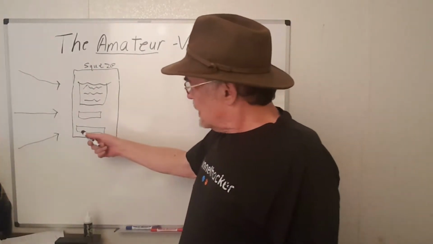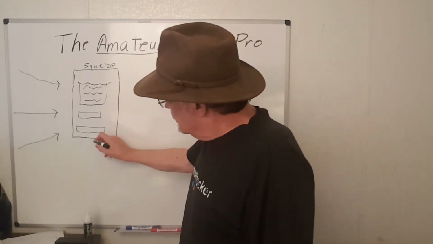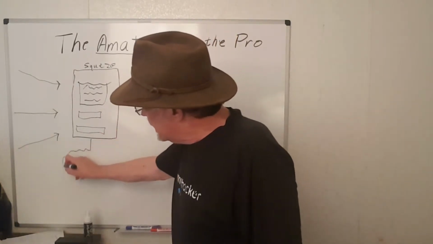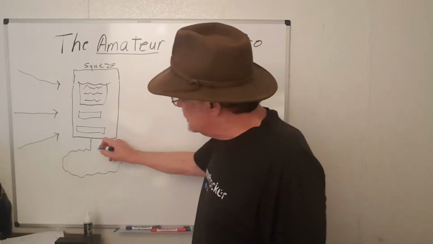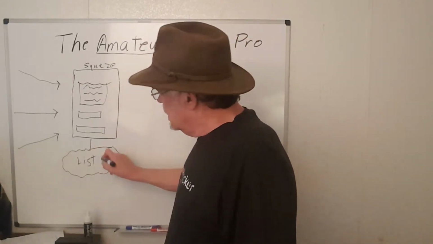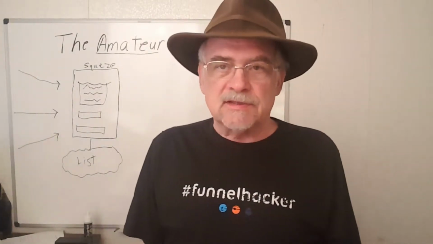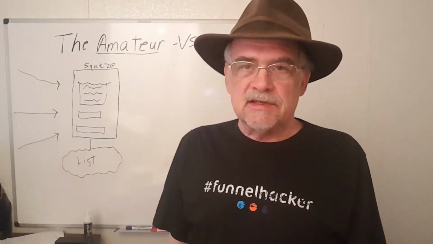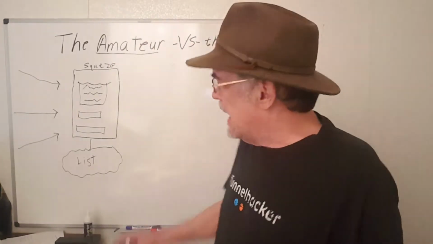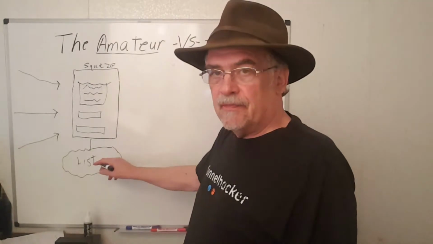So once they click that, they go down here, which is your list. That is controlled by an autoresponder. It's a sequence of email messages that are put together after somebody subscribes to the list.